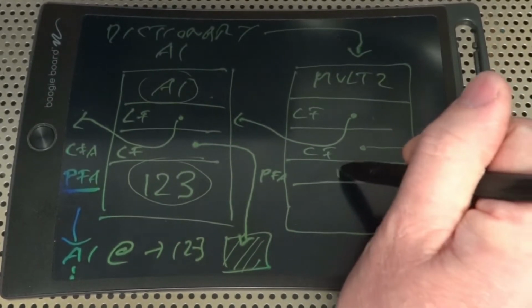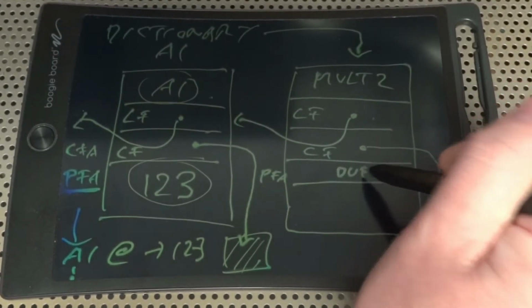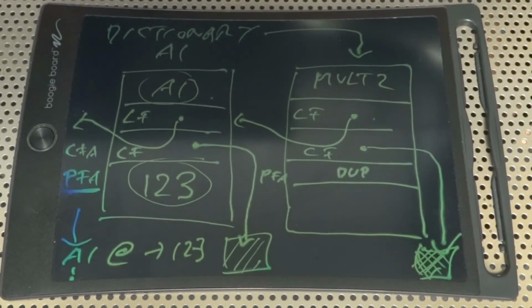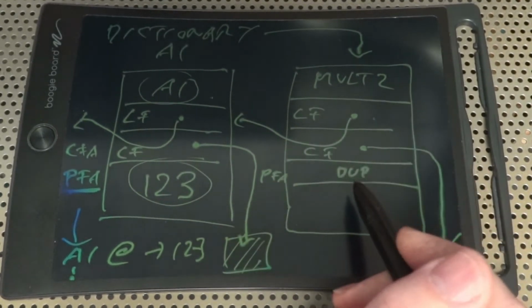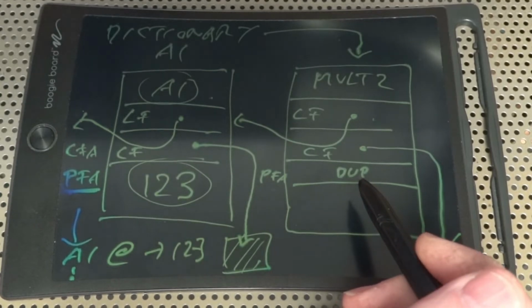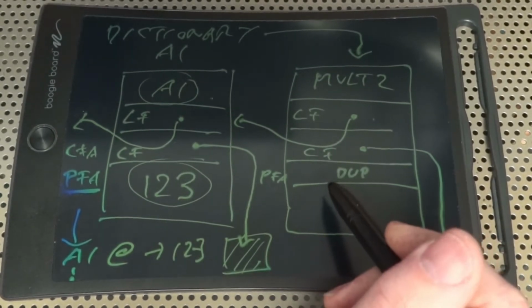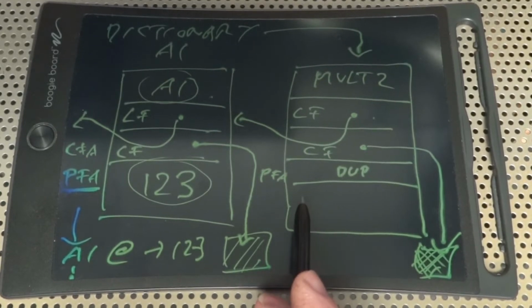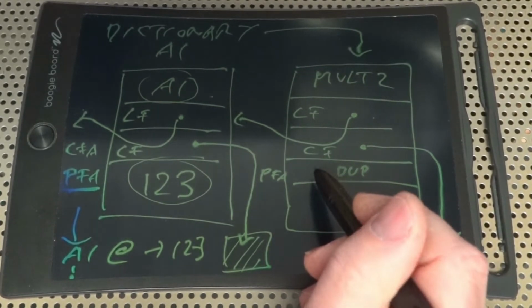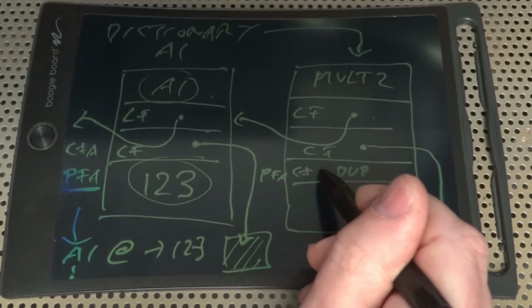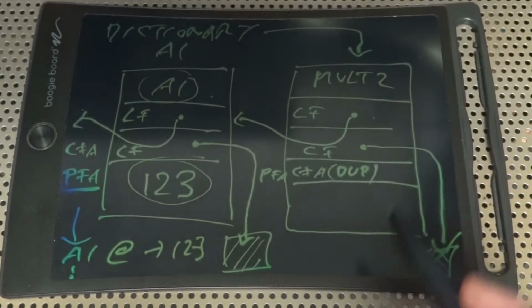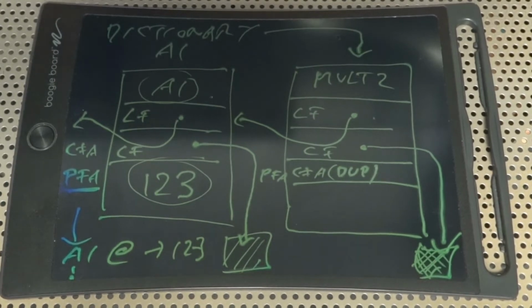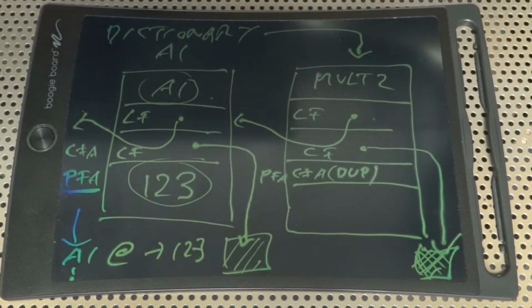Remember that the first word that I was calling in the definition of mult2 was dup, to duplicate the topmost stack entry. So what the colon compiler has put into the parameter field of mult2 is actually the CFA of the dup word, as the first entry. So yeah, this is what it has done.